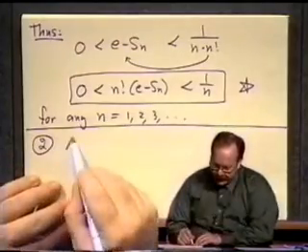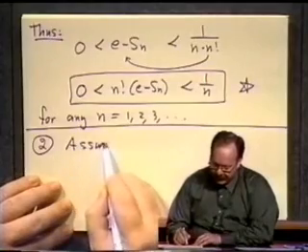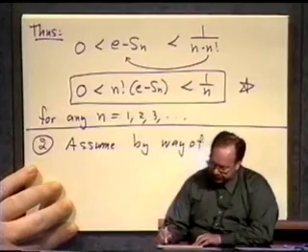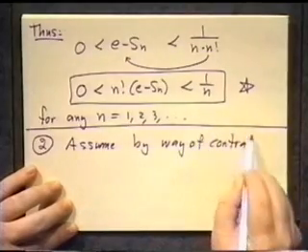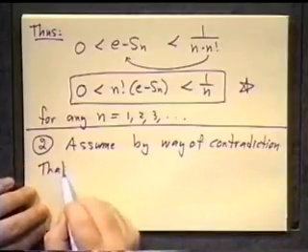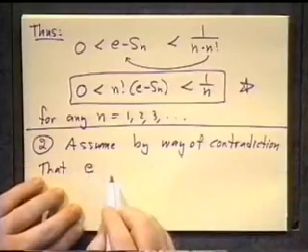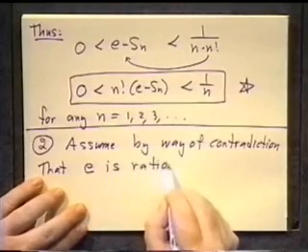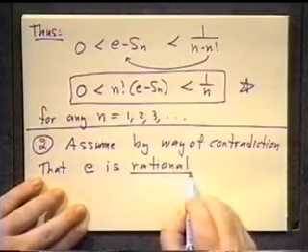Part 2, we will assume, as I've done before, by way of contradiction, that the opposite of what we believe to be true is true. We will say that e is rational. Okay?